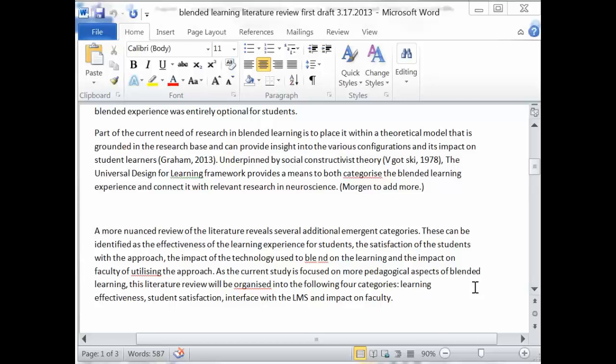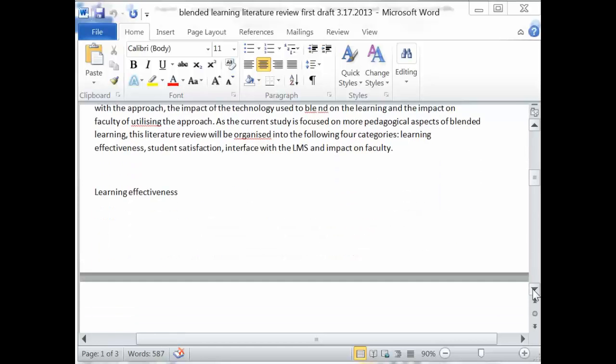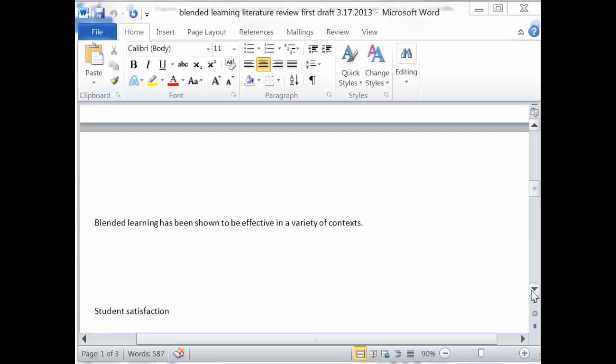A more nuanced review of the literature reveals several additional emergent categories, things that appear from the literature that's been reviewed, and that is learning effectiveness is important. And really this is my first draft, and so under that category I would discuss this idea, and of course it's not going to be as strong as that statement.